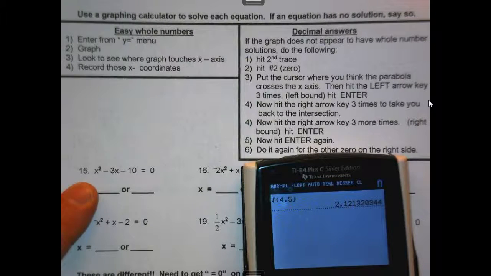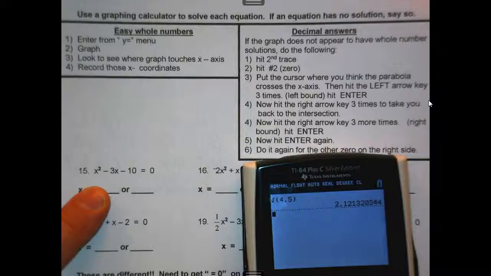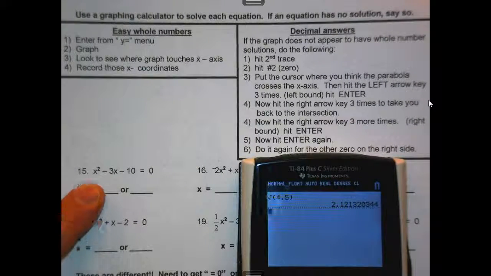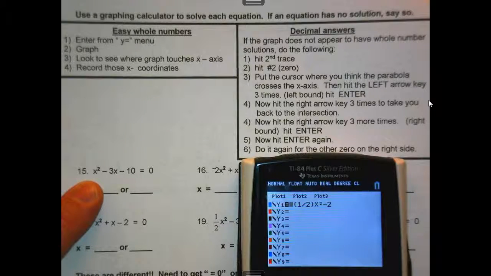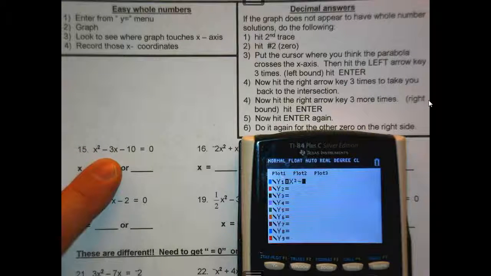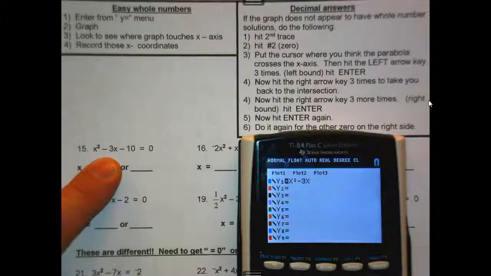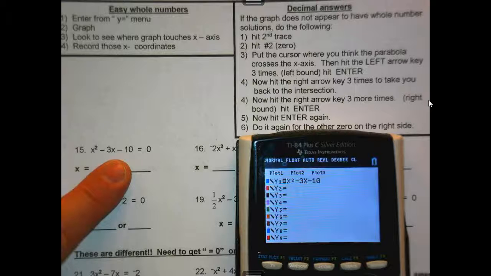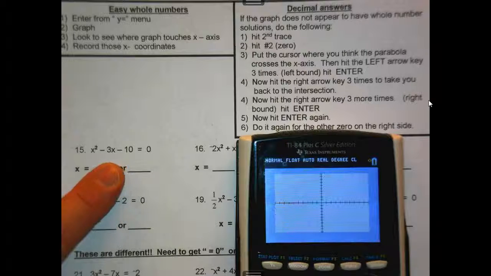By the way, this is a parabola because it's x squared. All quadratics are parabolas. So I'm going to go to my y equals. I'm going to put in x squared minus 3x minus 10. And we graphed it, right? And here's my parabola.